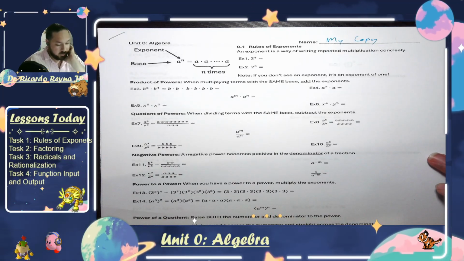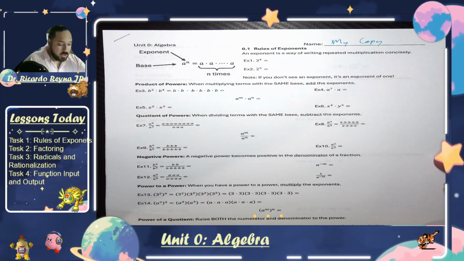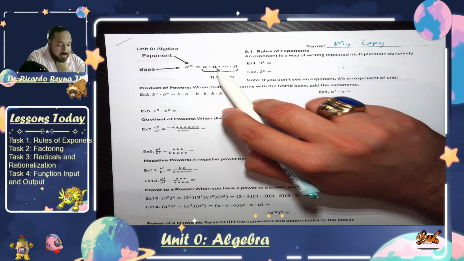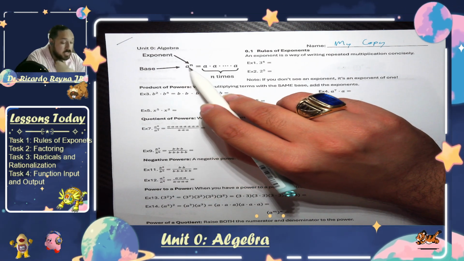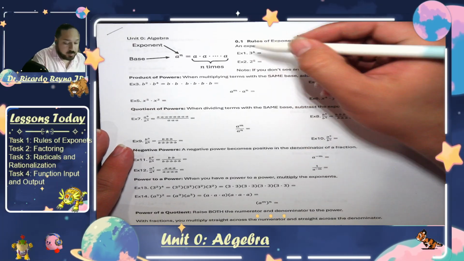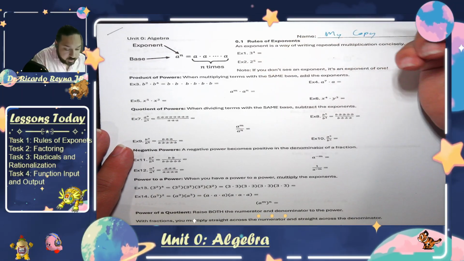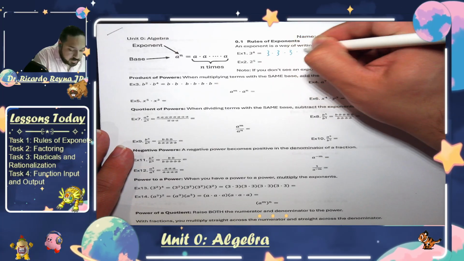So, rules of exponents. An exponent is a way of writing repeated multiplication concisely. So, instead of writing a times a n times, we could just rewrite that as a to the power of n. So, for example, if I'm supposed to do 3 to the power of 4, that's an easier way of writing 3 times 3 times 3 times 3.